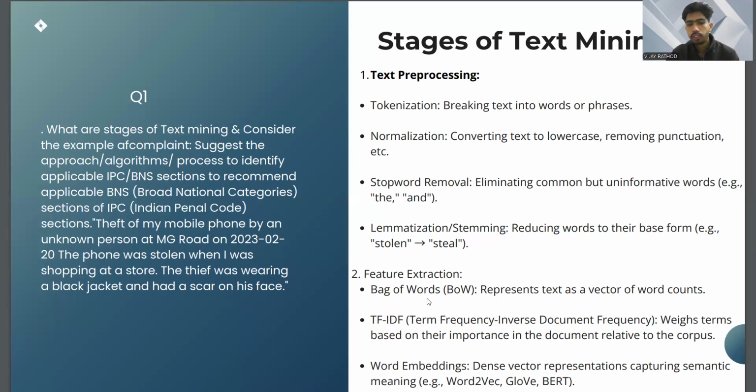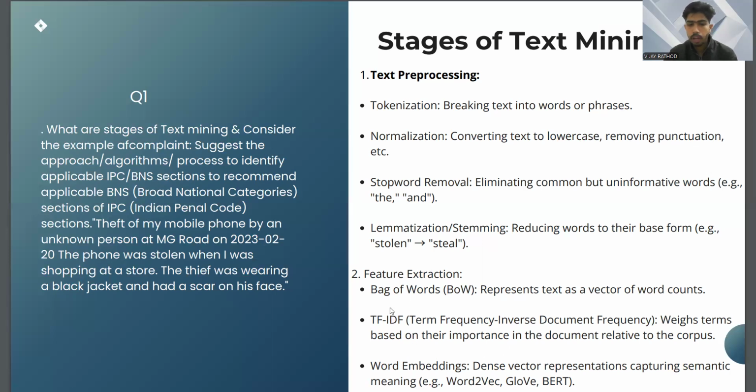That is bag of words, which represents the text as a vector of word counts, and TF-IDF, the term frequency inverse document frequency, which weights terms based on their importance in the document relative to the corpus.